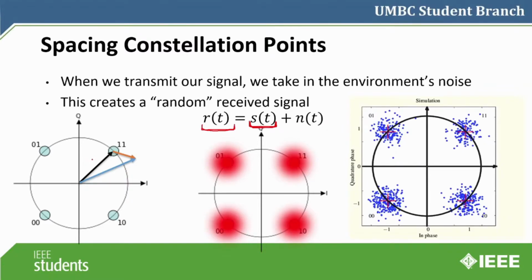And what that means is that our original signal, S of t here, actually has some noise added to it, which gives us R of t. And so instead of receiving this point, this modulation, we actually receive this modulation, which means that we receive a different phase and a different amplitude.